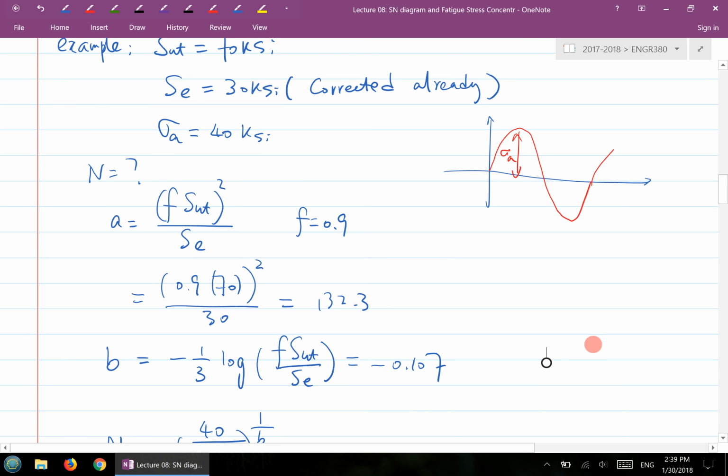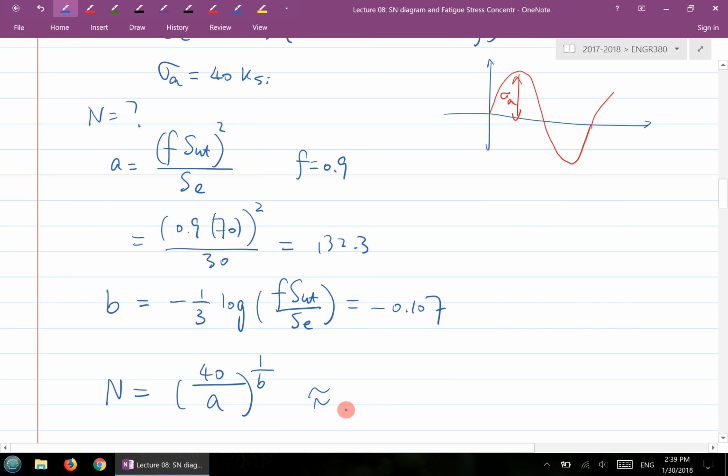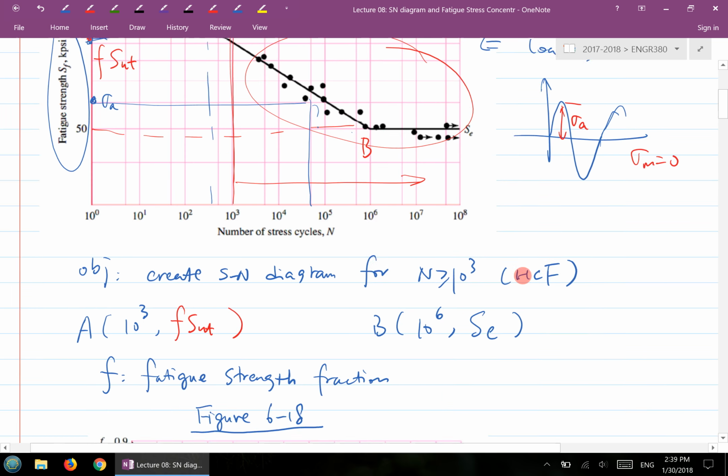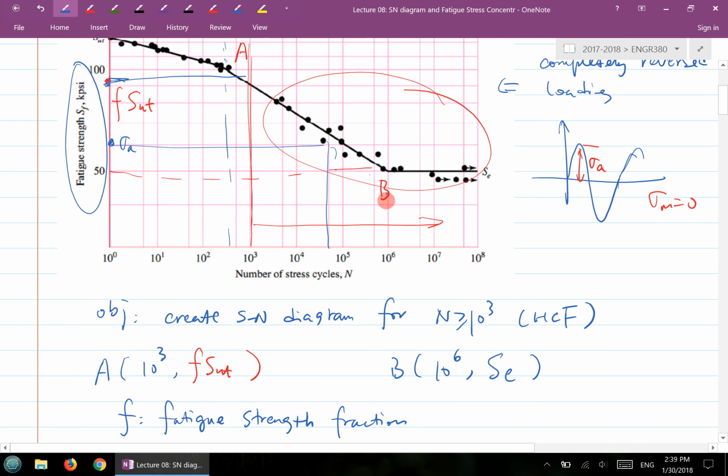Greater than 10 to the power 6 means what? It means the part has what kind of a life?